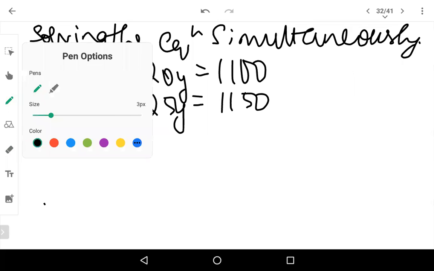I'll solve using substitution. You guys can solve using elimination also, no problem.